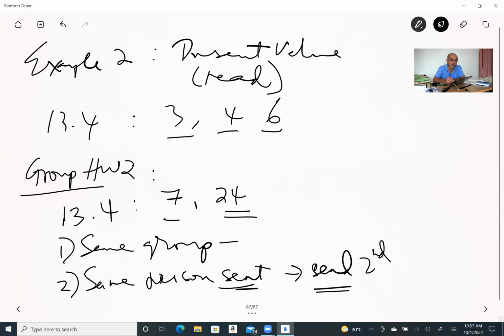I want the same person to send, so that everything is in order of what I already have. If another person sends, then I have to rearrange. It's troublesome. Is that understood? Same person.